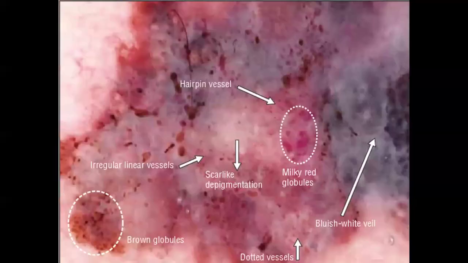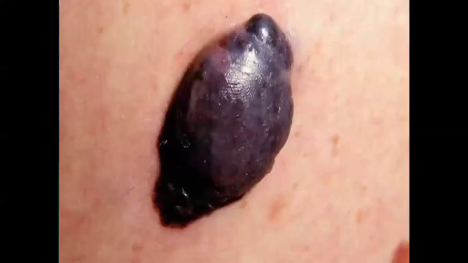Amelanotic melanoma will not have any pigmented network or globules, but you would pick it up by the structureless white or blue areas, the blue veil areas, the scar-like depigmentation, then lots of different kinds of blood vessels: the irregular linear vessels, the hairpin vessels, and the dotted vessels. Some pigmented globules are also seen.